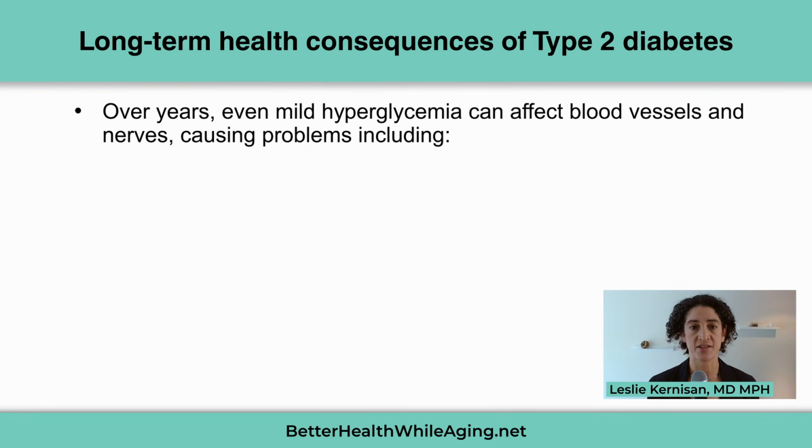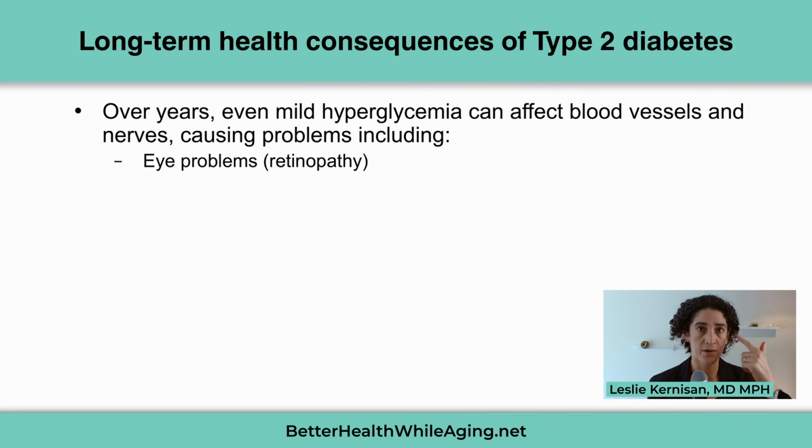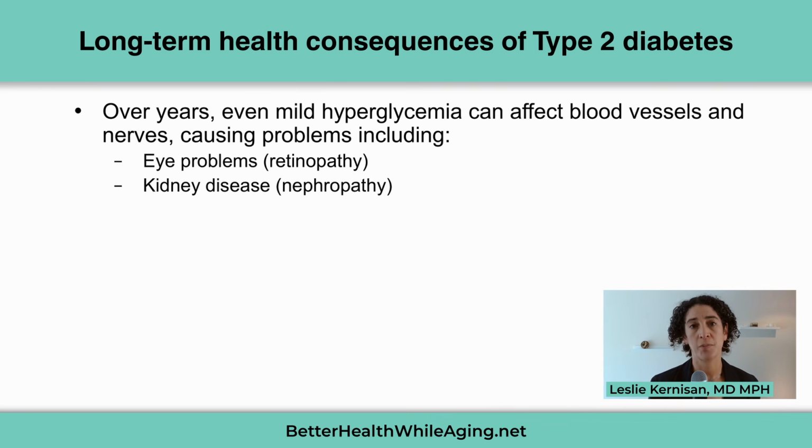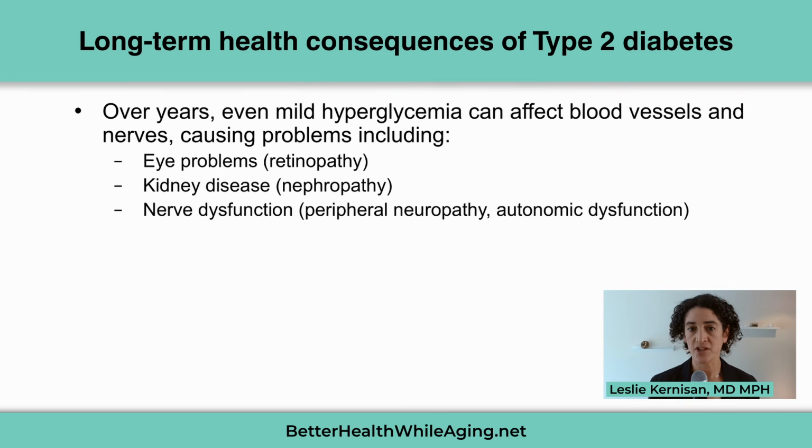These include eye problems. It's called diabetic retinopathy, where the retinas get affected in a certain way and it can impair vision, potentially even cause people to go blind. People with diabetes are also prone to get kidney disease because the elevated blood sugar puts a lot of strain on the kidneys. They can also get nerve dysfunction.